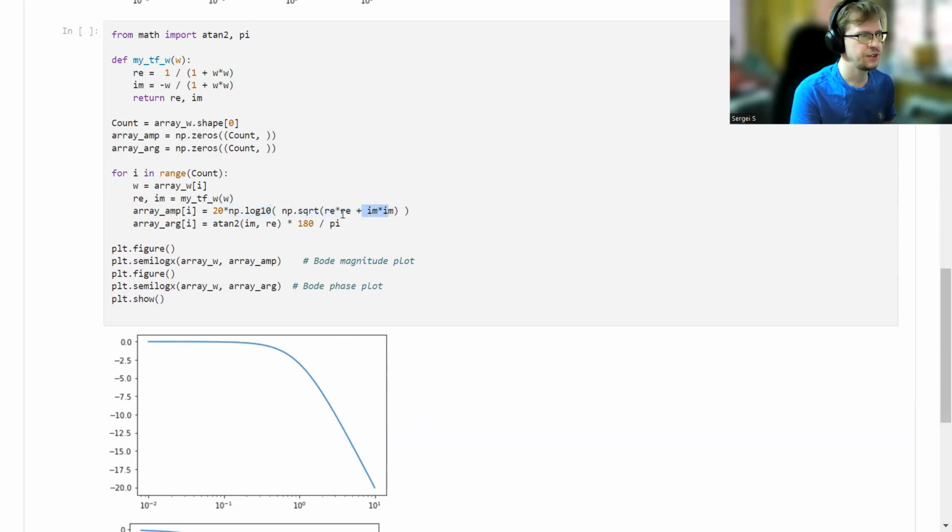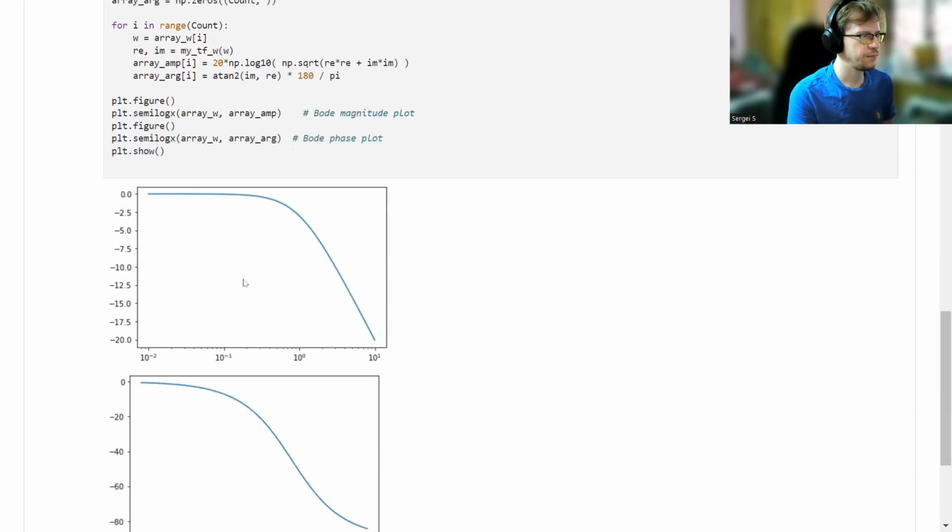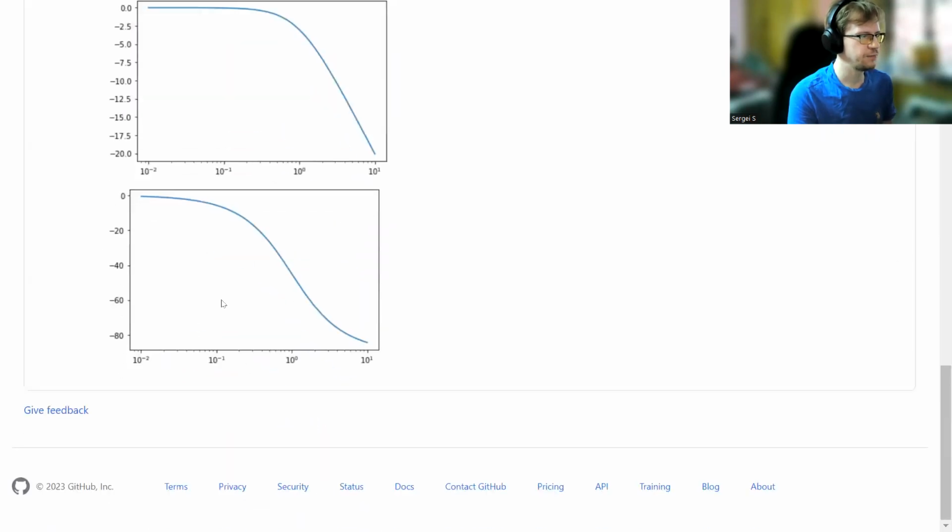The squared there, decibels, and here atan2 from this, and multiply by 180 divided by pi, and we plot it as semi-log x, and we get the exact same results.